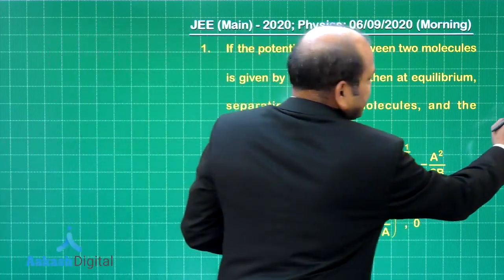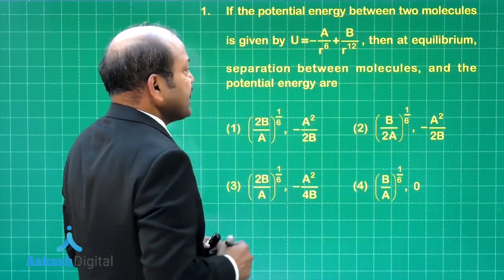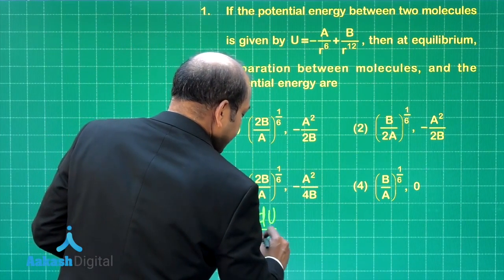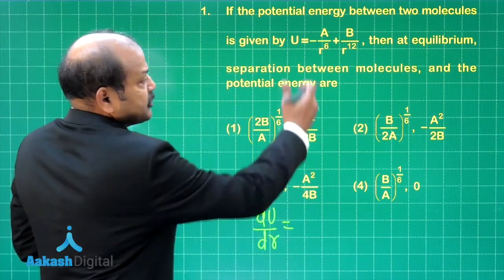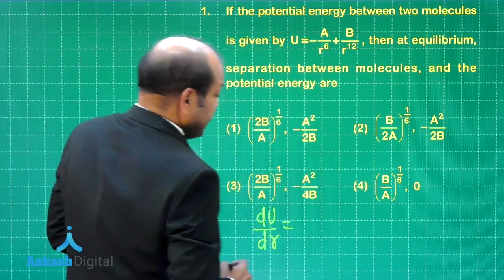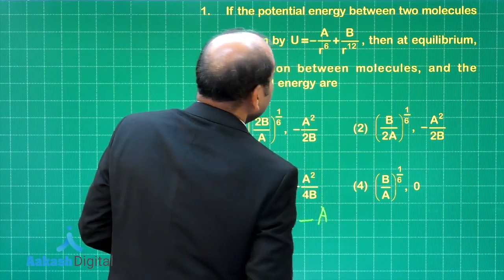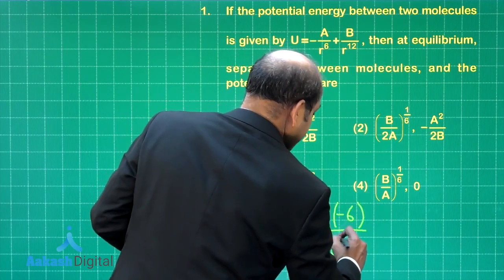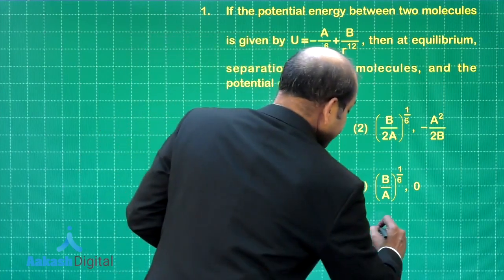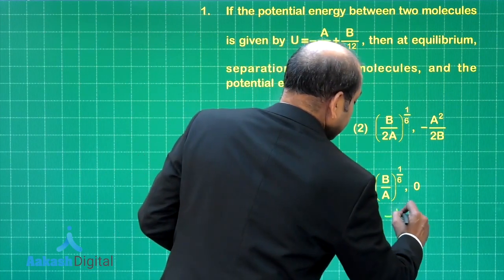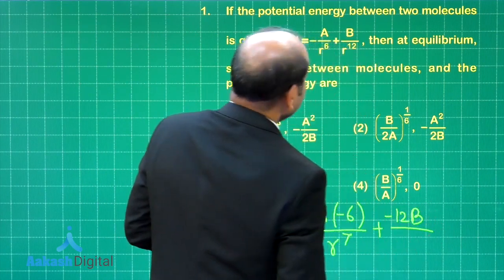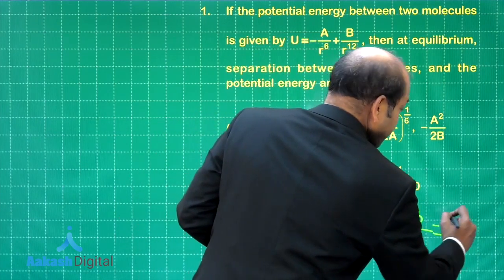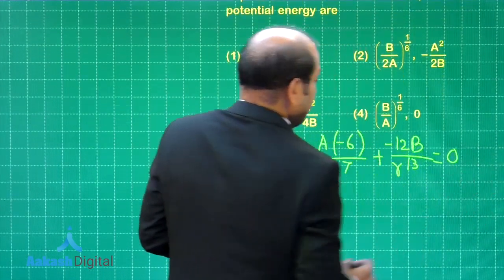So, with that, let us start first of all by putting dU by dr as 0. What do we get? The derivative of the first term with respect to r is minus A into minus 6 divided by r to the power 7, and for the second term it is minus 12 B divided by r to the power 13, and let us put it to 0 because this is the equilibrium separation.